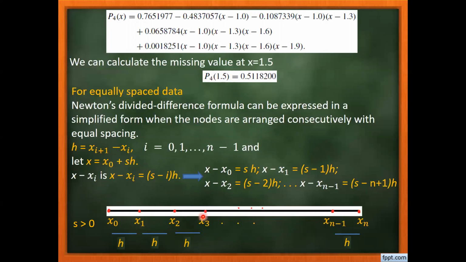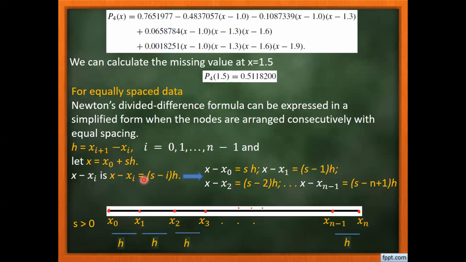I can reach x3 by adding 3 times h. So this means that we only need to have the value of x0. We can approach the rest of the nodes by adding a number of times h. So this means that xn can be written as x0 plus n times h.